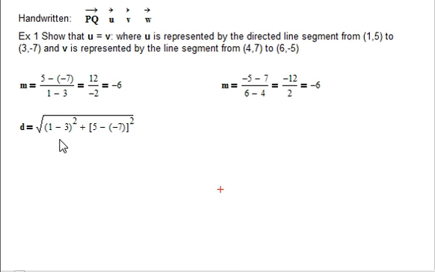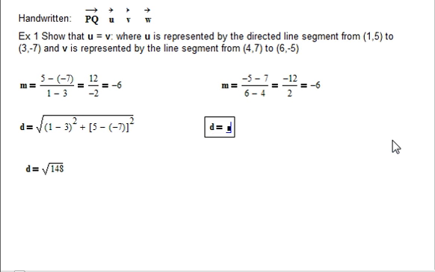So, let's see, what is that? That would be 4, and that would be 144, so distance is square root of 148, and I know I could simplify that probably a little bit, but I don't see any real need to do that, because I'll just compare it to the other one and see if it's square root of 148.